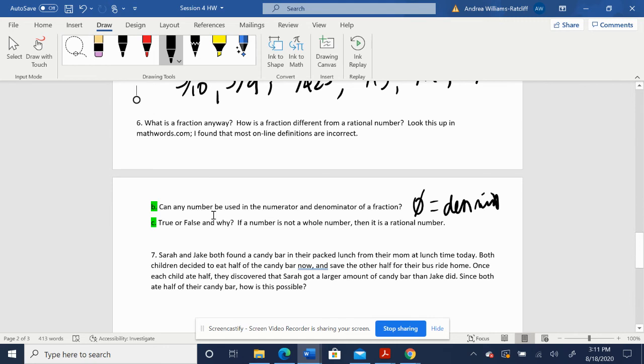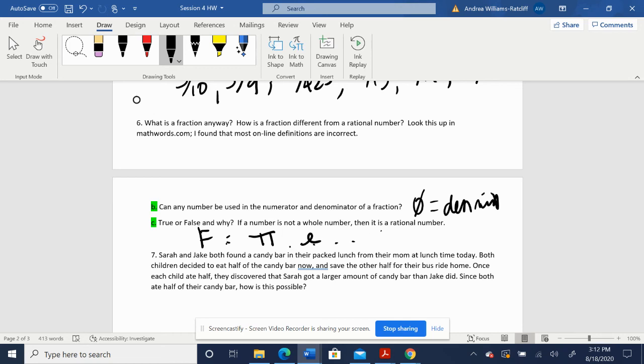True or false? If a number is not a whole number, then it is a rational number. This is false. The reason it is false is that there are plenty of non-whole numbers that are not rational. For example, think about pi or e. These would be good examples.